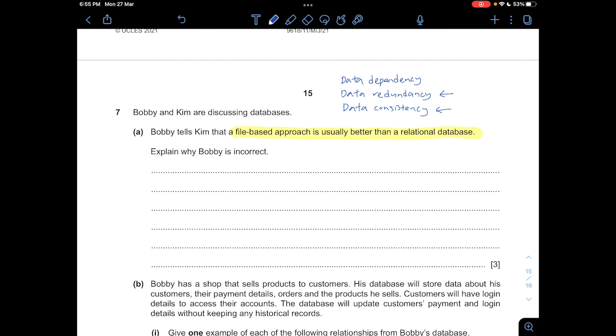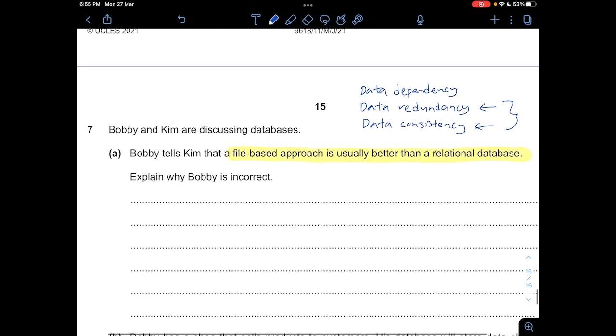So I'm going to use these 2 as examples of the main reasons why Bobby is incorrect. So I'll say there is more data redundancy with flat files because the same data is stored many times.